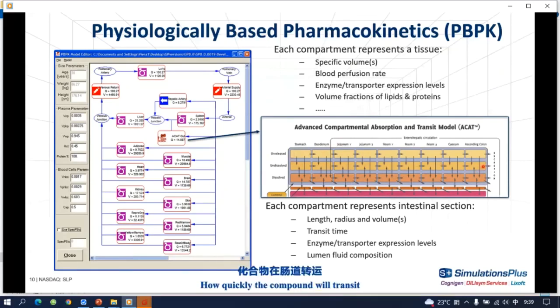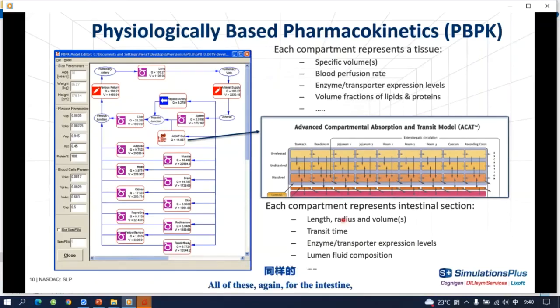How quickly the compound will transit through the intestine, how much time is it going to have to dissolve in a child versus an adult, what kind of environment is it experiencing, how much volume does it have available to dissolve in, what is the pH, what are the concentrations of bile salts, and again, what are the expression levels of enzymes and transporters that will be affecting the behavior of the compound.